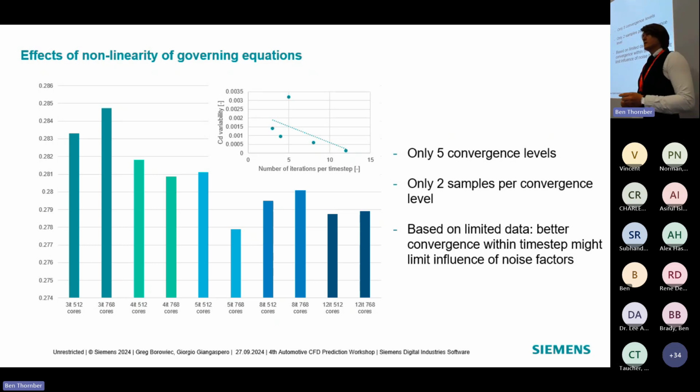But what's more interesting, there seems to be also small variability when we converge the solution within the time step more. We can see this on this small plot above. It is worth noting that the sample size that we have is too small to draw any convincing conclusions.